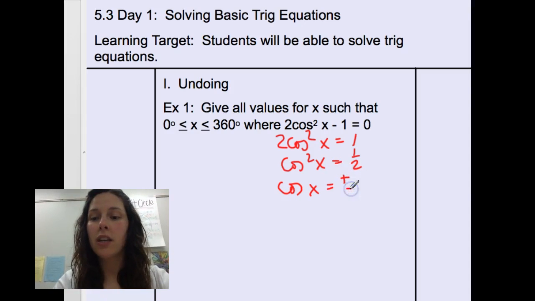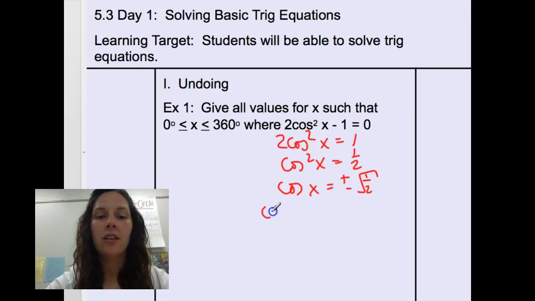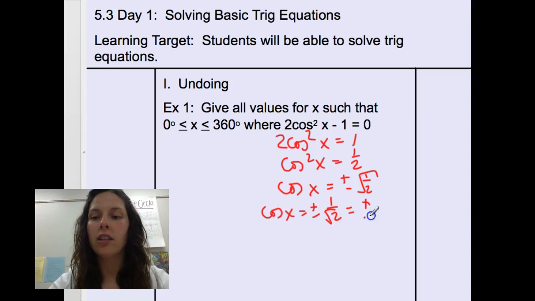Now remember, when you take a square root, you get two answers, positive and negative. So we're actually going to be looking at everywhere our cosine value is the square root of 1/2. We'll have to rationalize that. So we actually have cosine is positive or negative 1 over root 2, which when we rationalize it is root 2 over 2. Remember that shortcut, bring the radical to the numerator and just drop it in the denominator.